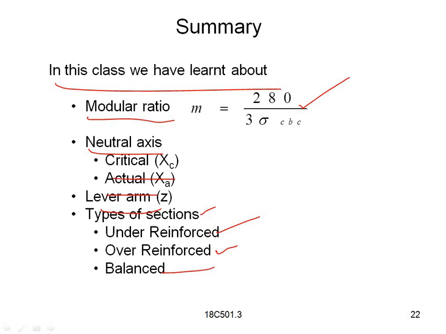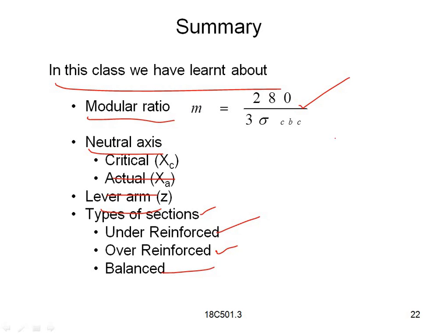These are the three types of sections. So totally these are the topics of the first chapter, and these are very important topics. I hope everyone has understood. Thank you. Have a nice day.